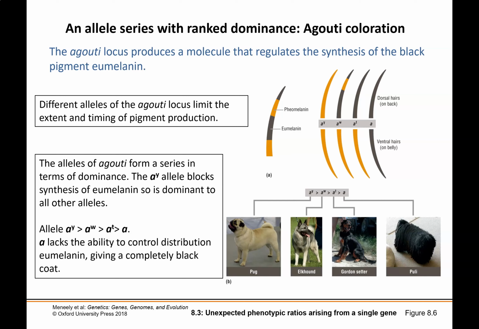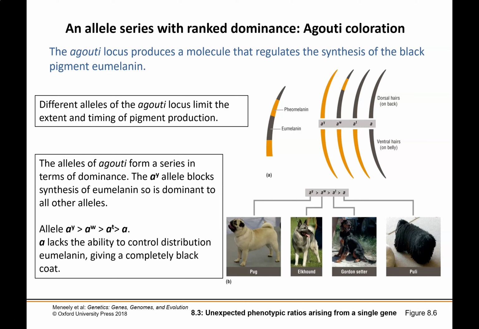If you have the fully recessive gene for eumelanin, you produce this black pigment everywhere all the time, and so the animal is going to be fully black. If you have any of the other alleles, you're going to block the synthesis of eumelanin.